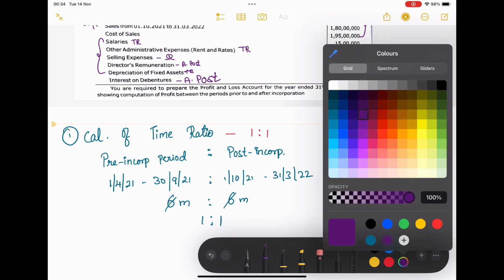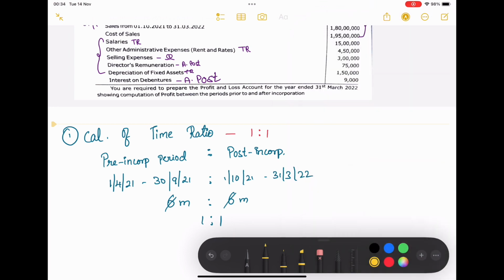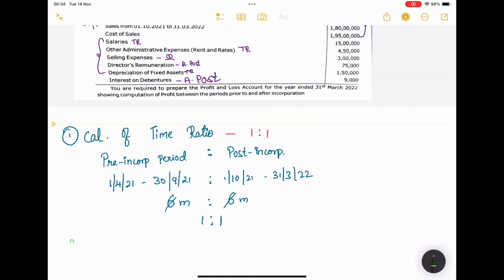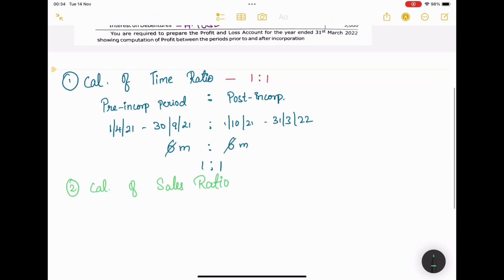Next, calculation of sales ratio. Here the sales values they have directly given.